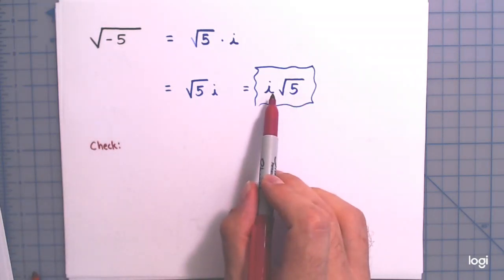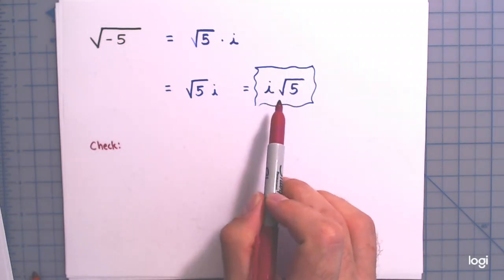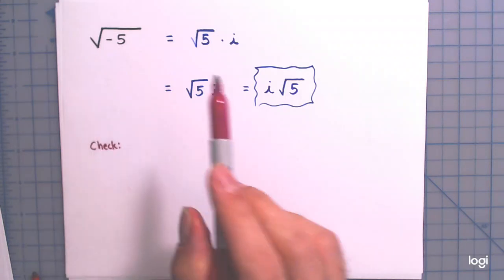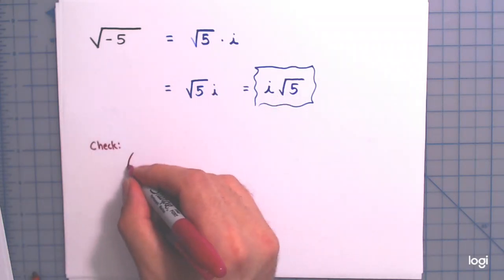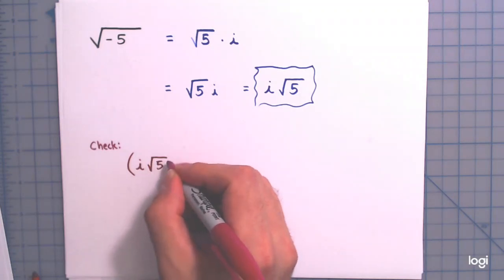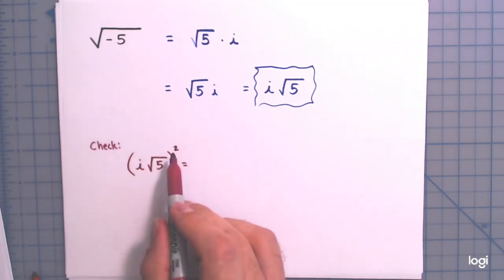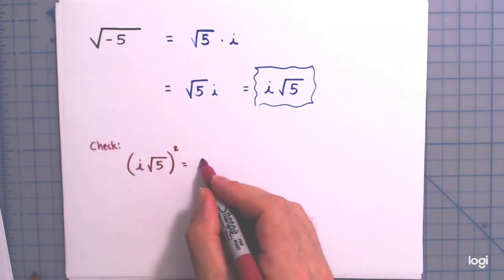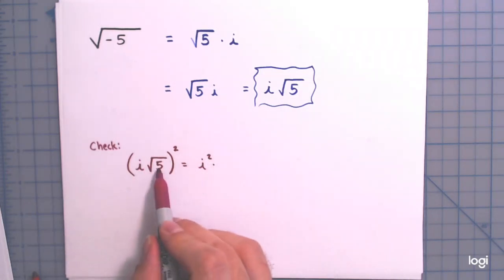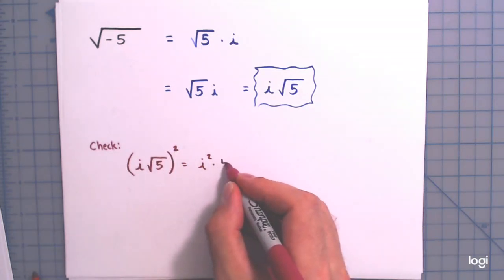Now I'll do a check here. Is i times the square root of 5 the principal square root of negative 5? Well, let's square it. So i times the square root of 5, when you square it, you'd have i squared times the square root of 5 squared, which would just be 5.